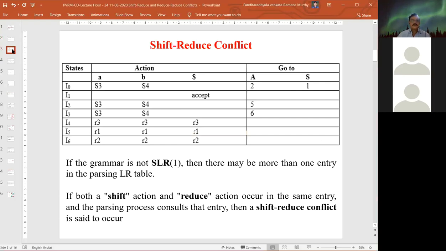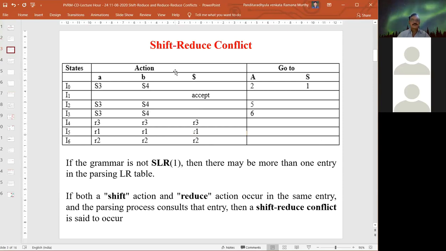This is particularly seen, for example, in the SLR tables, LALR tables or CLR tables, where there is more than one entry in the parser table. For example, in the above table, the states are from I0 to I6.